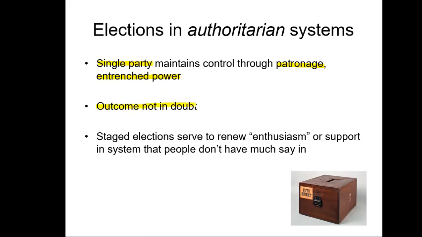In these elections, the outcome is rarely ever in doubt, and they have an element of staging in order to try to give a show of enthusiasm or support in a system that people don't have much of a say in.